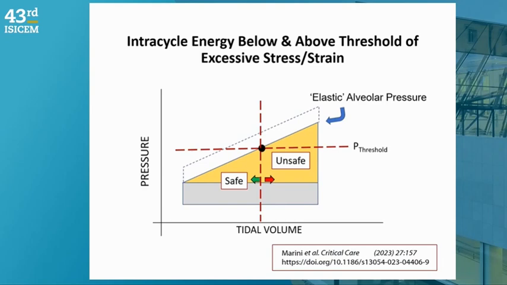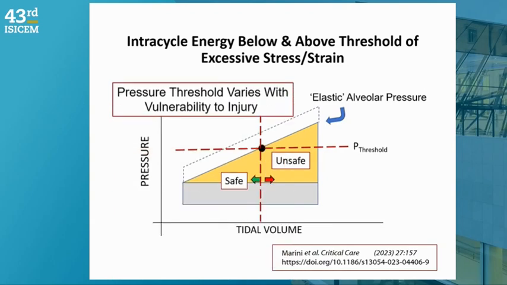The energy of the total cycle, which goes into the power that we compute, has basically a safe zone and an unsafe zone, depending on whether or not we've crossed the pressure threshold. The pressure threshold varies with the vulnerability to injury.